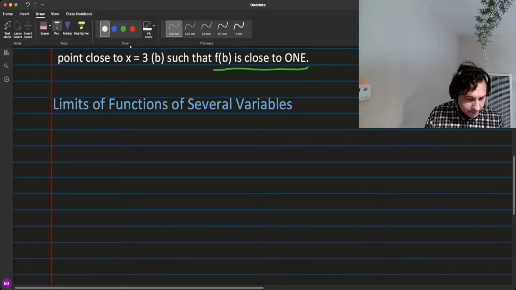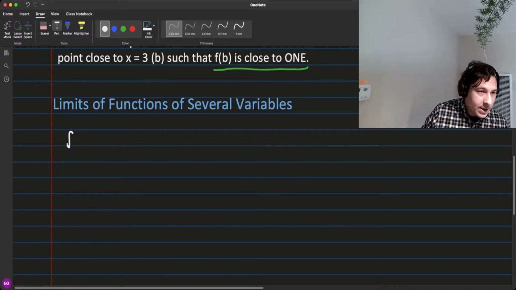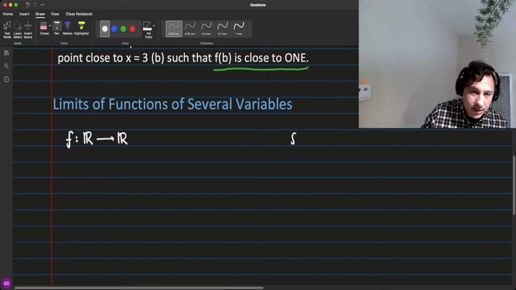There's a bit of terminology that we have to deal with here. Let me first write what we had previously, and then over here let's talk about functions of several variables.